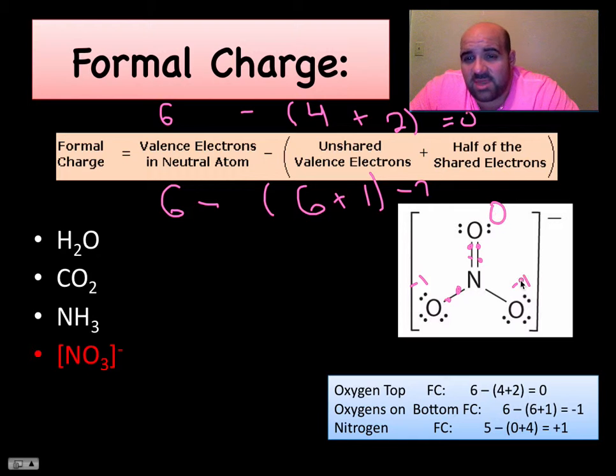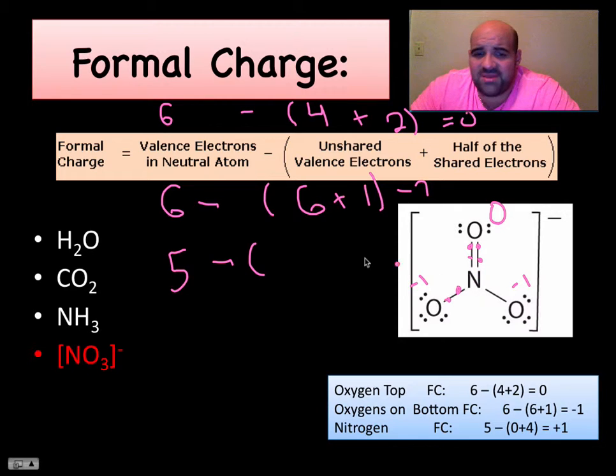So we have a 0, a minus 1, and a minus 1. And I'll give you a hint. The formal charges on a polyatomic ion, all of the atoms, they must add up to whatever this is out here. So nitrogen is going to be a plus 1 to cancel with one of these, leaving only the negative 1. But let's do nitrogen out. Nitrogen has 5 valence electrons, valence electrons in the atom, minus how many unshared electrons are there?